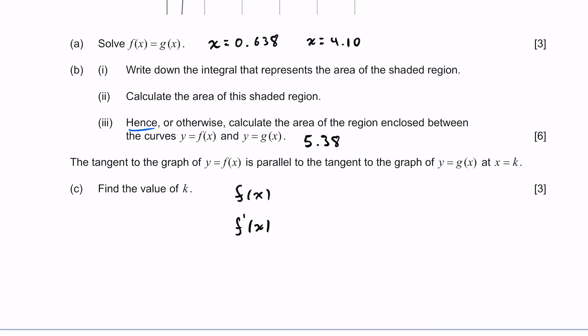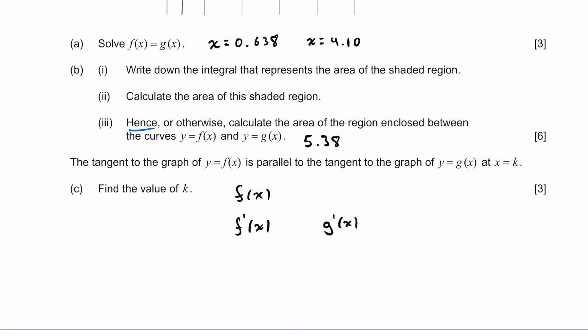And essentially, if we feed some value of x into our derivative function, it will give us the slope. Similarly, if we feed some x value into g prime of x, or the derivative of g of x, then it will also give us a slope.